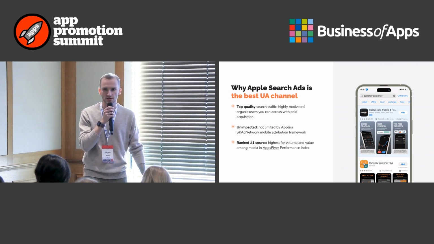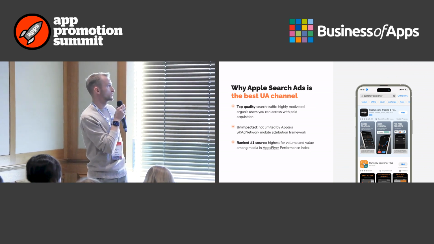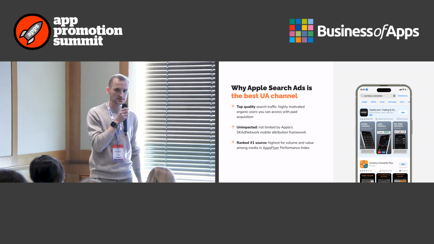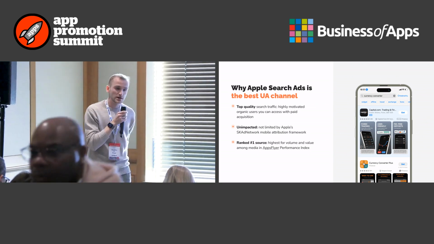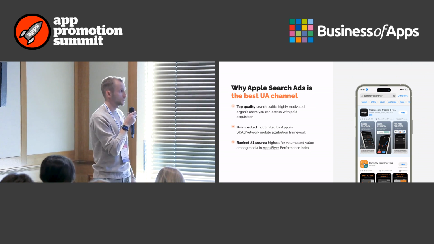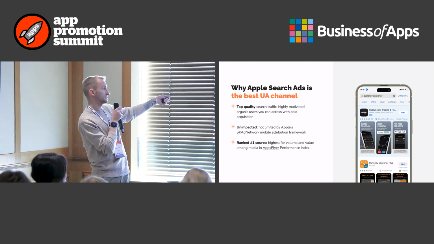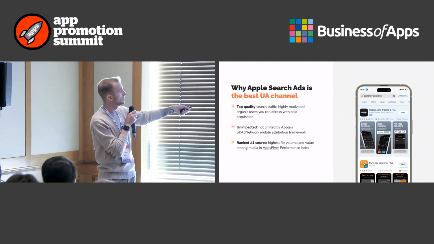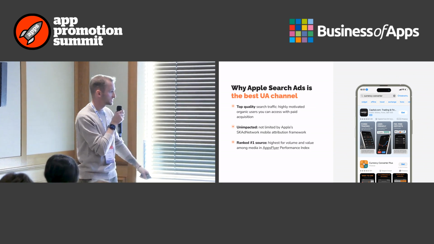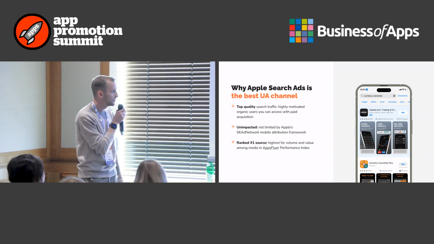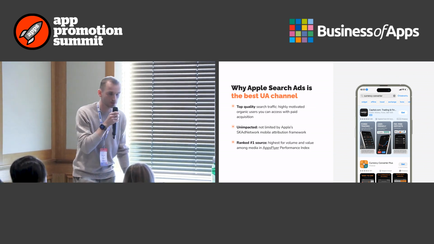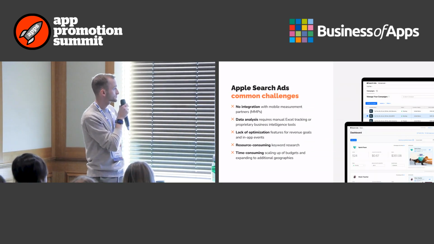If we're talking about iOS traffic, it is the only platform without SKAdNetwork, and it has instant results tracking: you can instantly track installs and events, and it's the best that you can have right now. And last but not least, recently AppsFlyer released their performance index for this year, and Apple Search Ads was the number one iOS channel during this year.